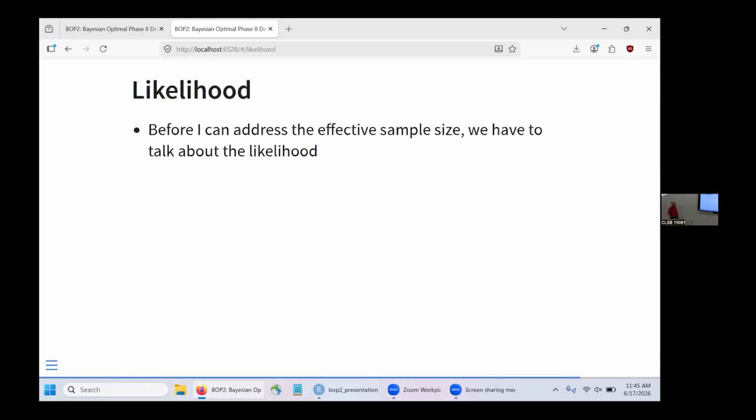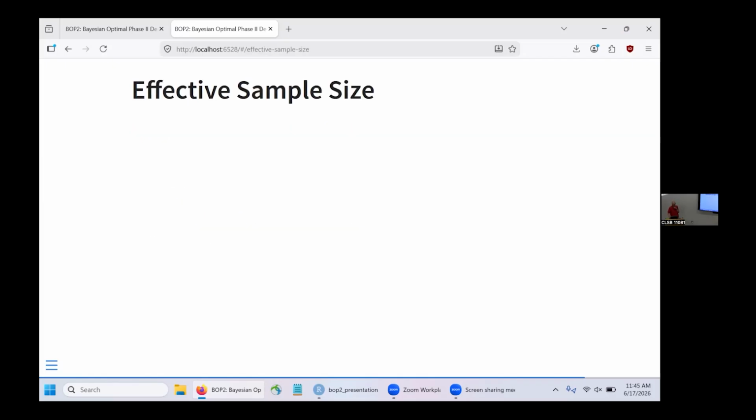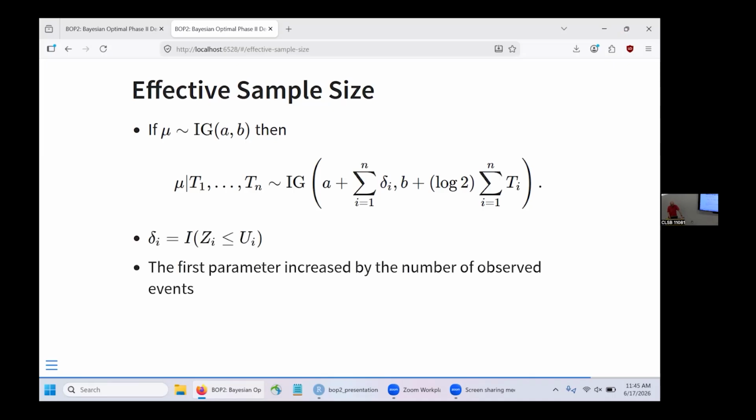Oh, and then as Professor Yuan was just talking about, the likelihood is that we're assuming that the time to event is exponentially distributed. Again, mu is the median. And then you'd already addressed that. So for the effective sample size, if mu is inverse gamma with hyperparameters A and B, then the posterior distribution is this thing where we have this notation.